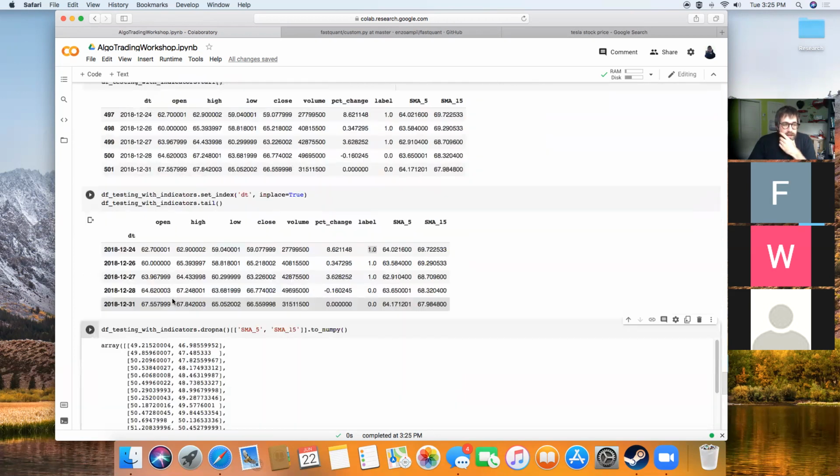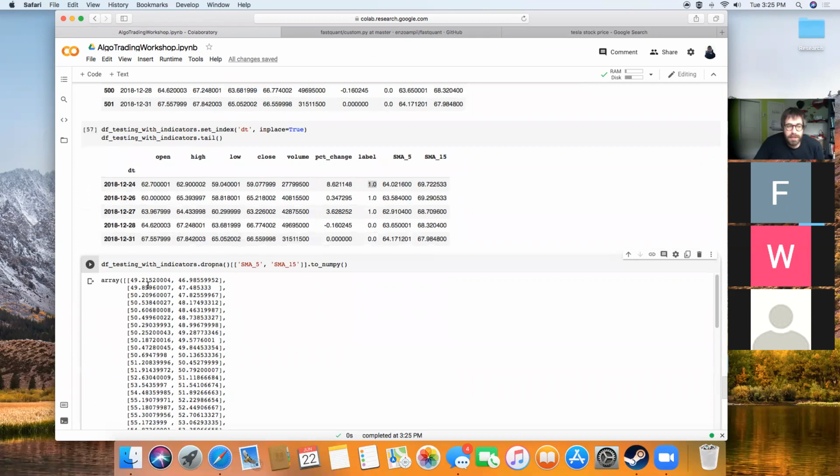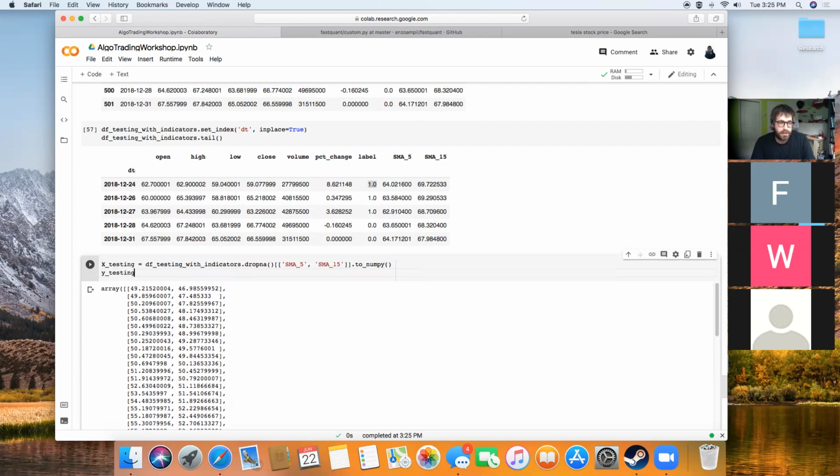And this is our data that will be passed to the scikit-learn classifier. Every one of these is the input. So I'm going to save this as X testing. And the Y testing would be also drop not available.